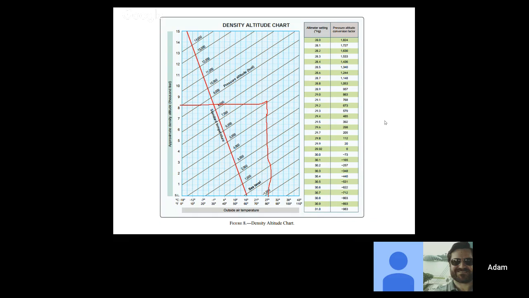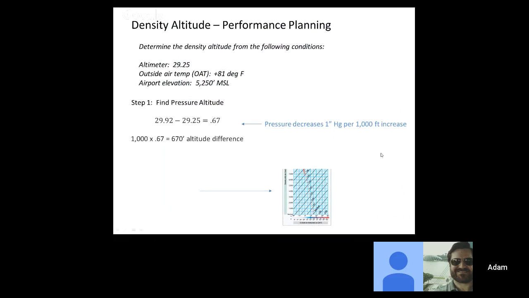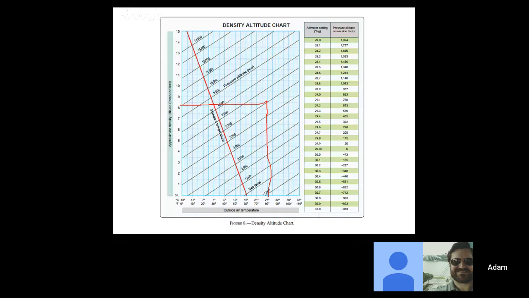So depending on how comfortable you are with the math, you can either do the math problem to find your pressure altitude, because you know that every 1,000 feet pressure drops by 1 inch of mercury, or you can utilize this table as what they call a pressure altitude conversion factor.